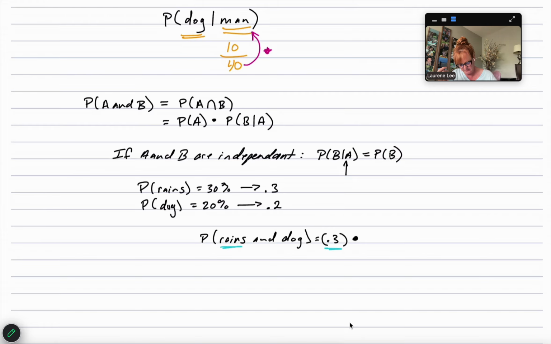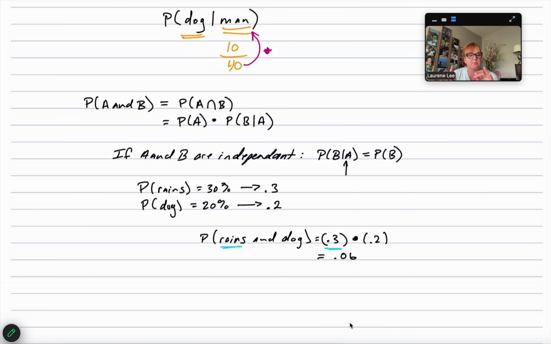So I just simply multiply by 0.2. So this problem becomes 0.3 times 0.2, which is 0.06. So in this situation I want to know if it's going to rain, and then I'm going to randomly select a person, and I want to know if I select a day that it rains and a person who owns a dog. That's going to be 0.06.